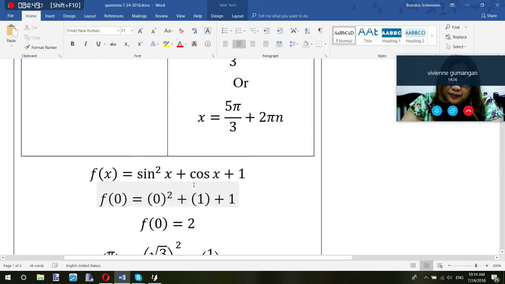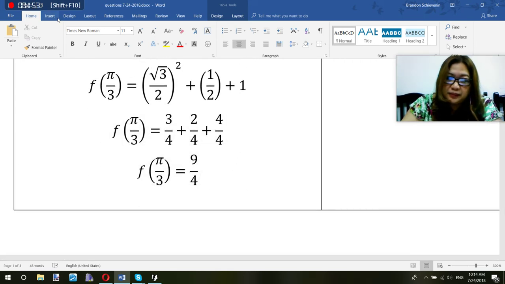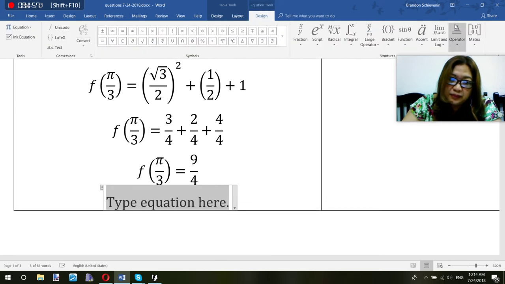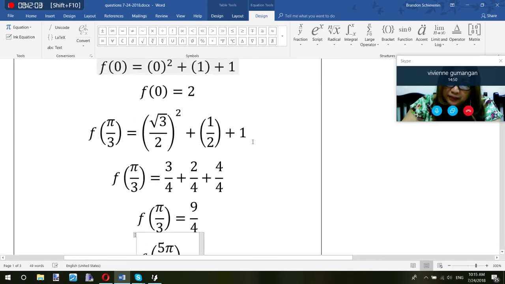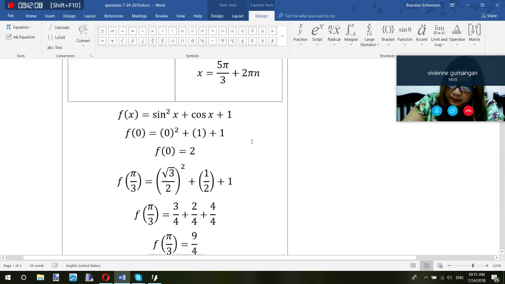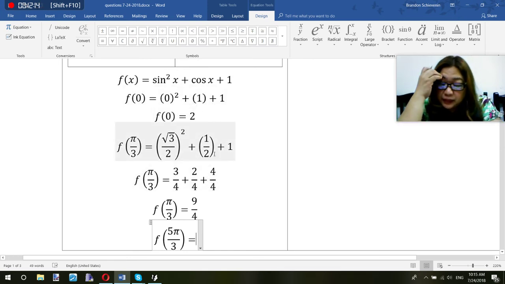Okay, and we've got one more point to test at 5 pi thirds. If I plug 5 pi thirds into our equation here for sine, what is the sine at 5 pi thirds?